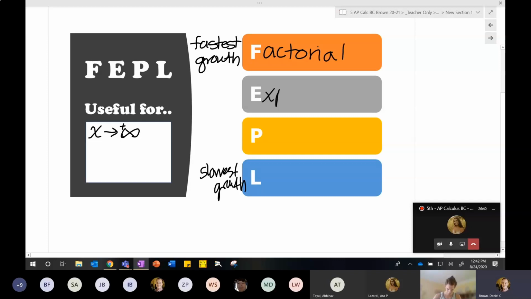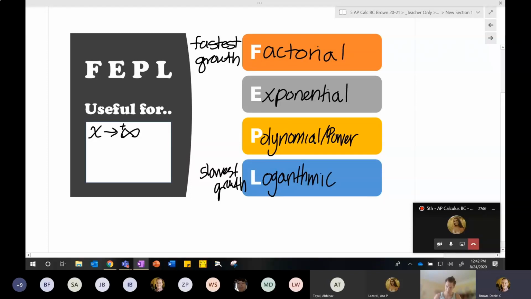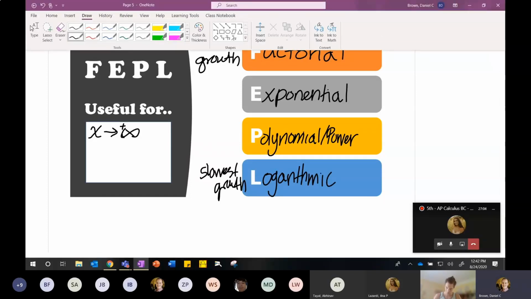E stands for exponential. P stands for polynomial or power function. And L stands for logarithmic. I think most of us know what these look like.